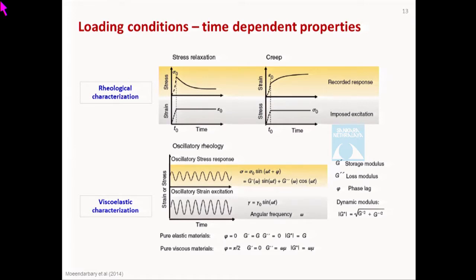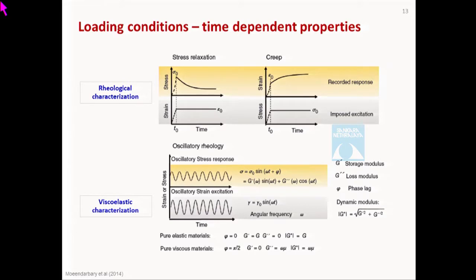You can also characterize the viscoelasticity. To be able to characterize viscoelasticity, typically you subject the structure to an oscillating strain. Gamma is the shear strain, and that goes as gamma naught sine omega t, where omega is the frequency of oscillation. When you subject the structure to this, this is the stress response.